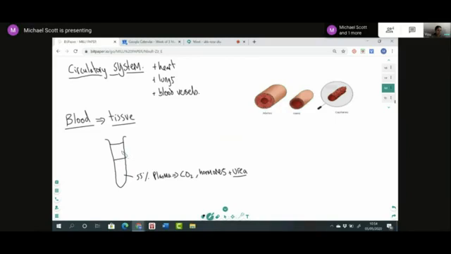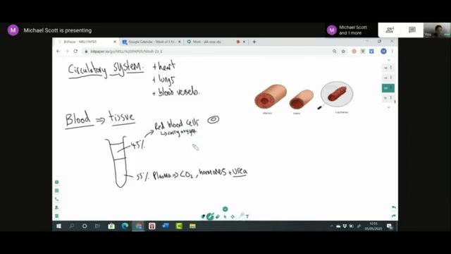The remaining 45% of blood is made up of red blood cells. Red blood cells typically have this donut shape, and the purpose of a red blood cell is to carry oxygen.